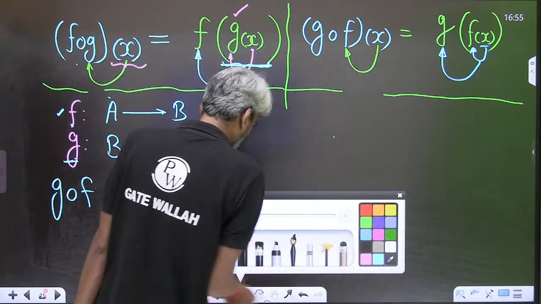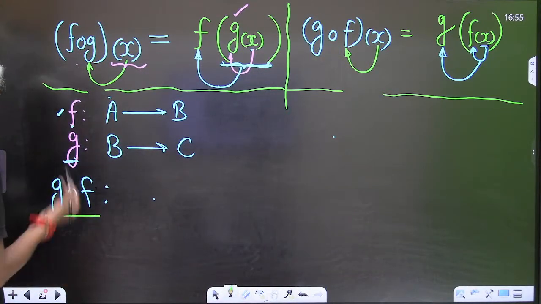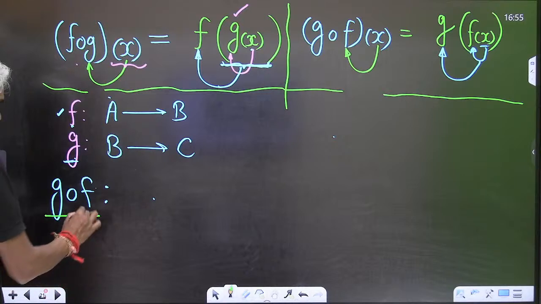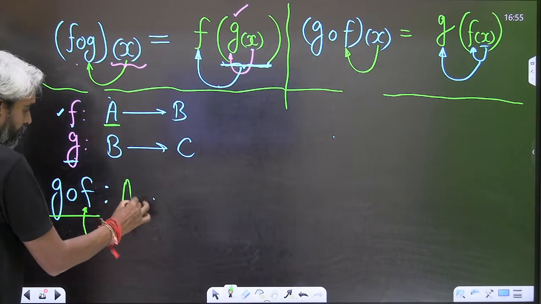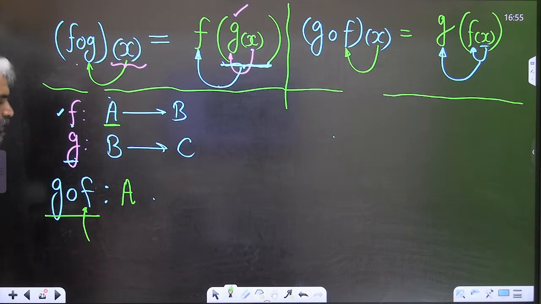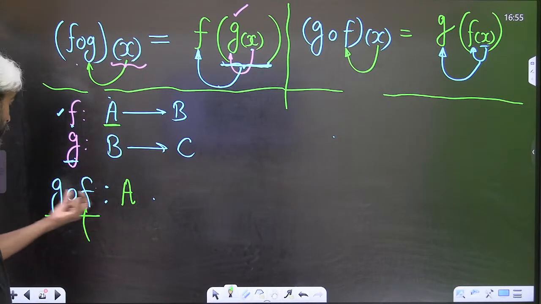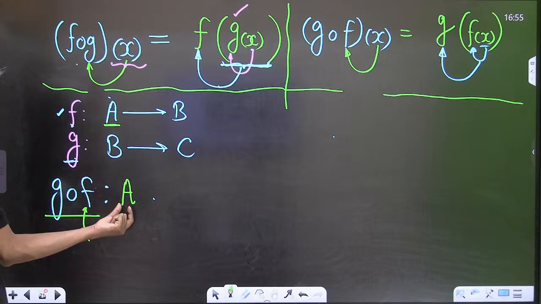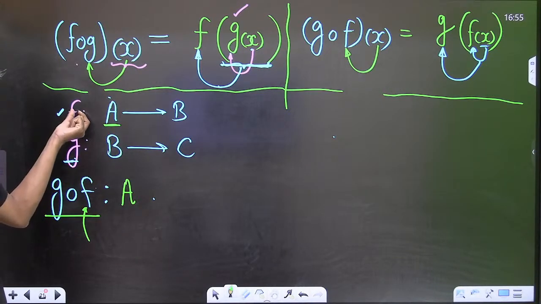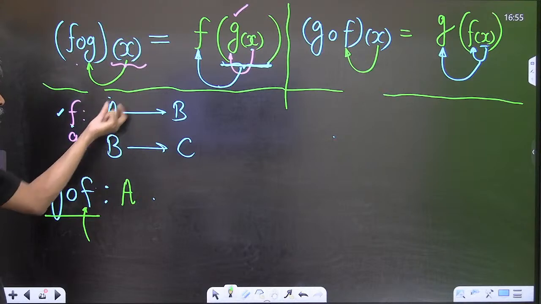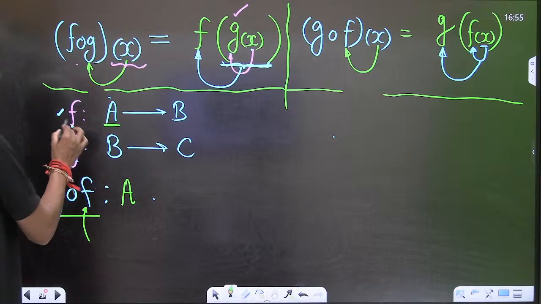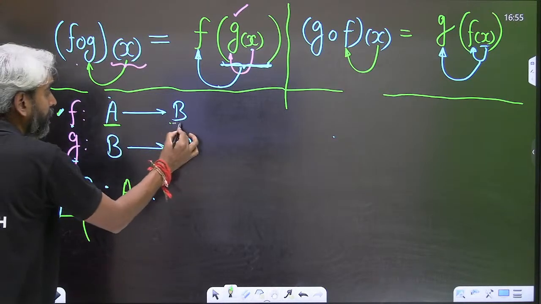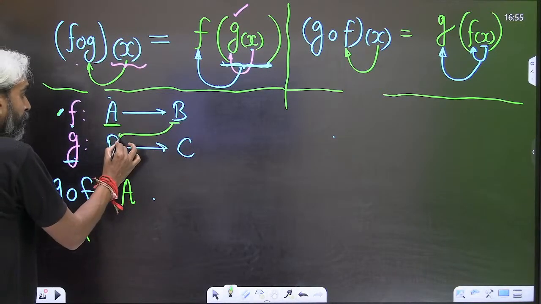The simple idea is that g of f will be defined only for the elements for which function f is defined. f is defined only for the elements of set A. Now, if you pass a value from set A to g of f, that value will first be passed to function f. f will take that value and produce a result in set B. Whatever value is produced by function f in set B, the function g is defined for that value.